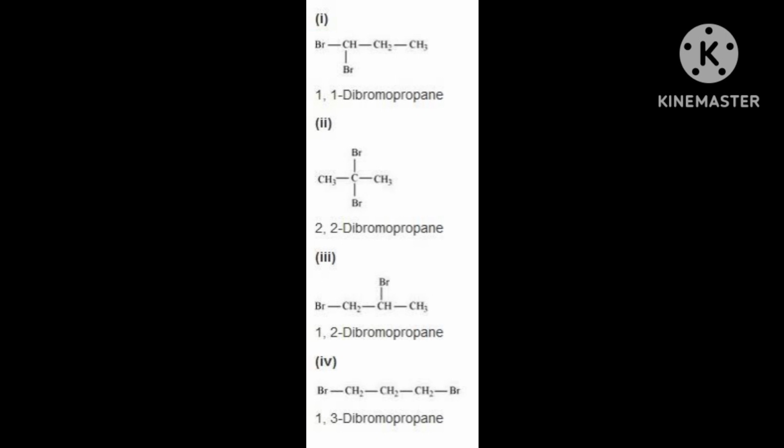Then now the IUPAC name, you have to do numbering. You will start numbering from the first end, the ethylene end, and from that also a methyl group is attached.